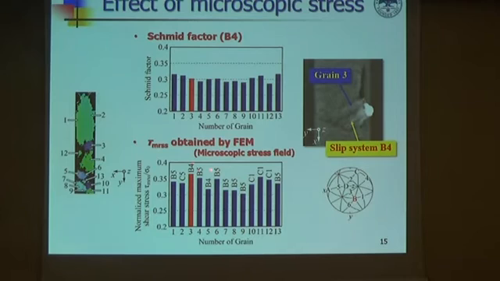This result suggests that this portion has a stress condition where the slip system B4 in grain 3 is preferentially activated. So these results have good agreement with the experimental one.